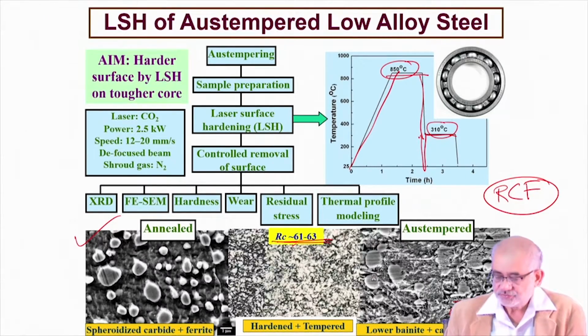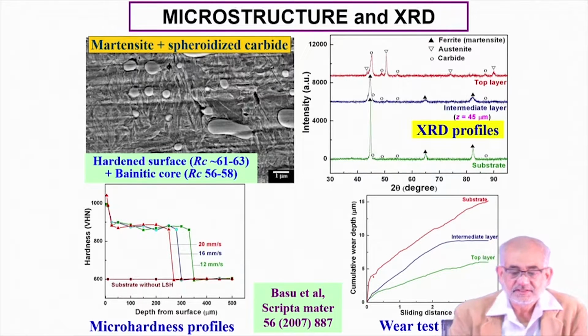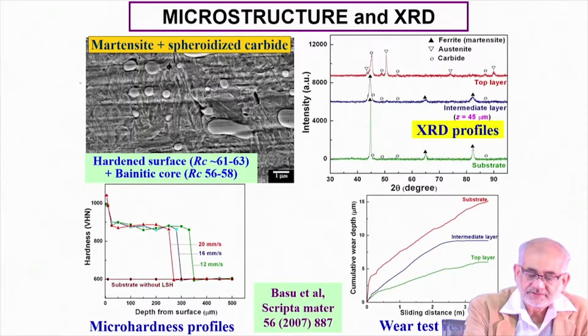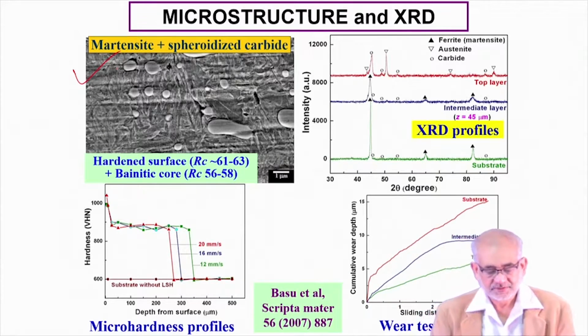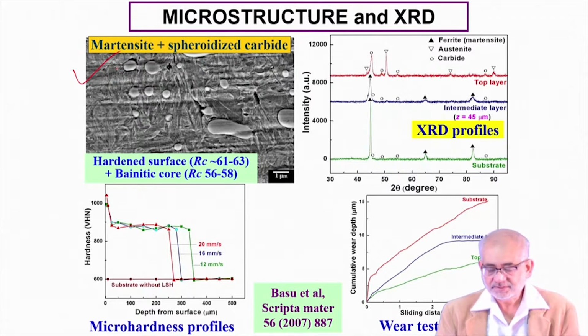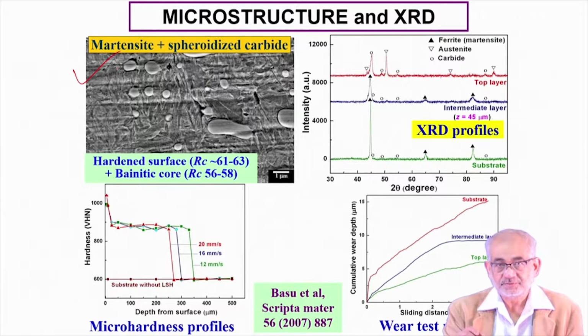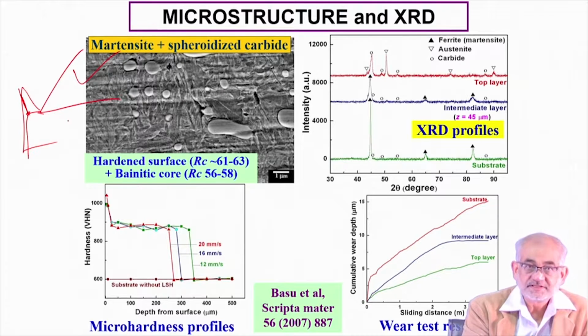So what we wanted to do now is to take this material and try to bring in a microstructure which will be martensite along with spheroidized carbide. So what we want is for the surface to be heated by laser controlled, confined heating, which will again take it up to, so now we are talking about the steel portion.